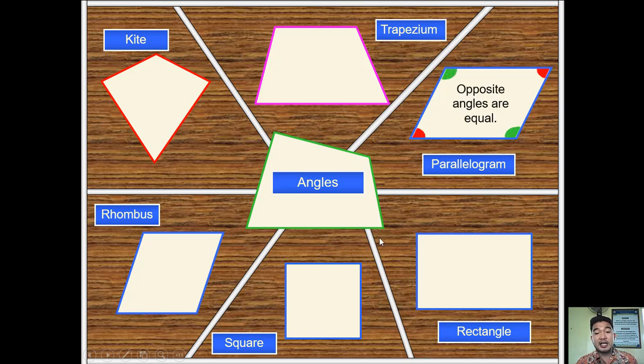If it is a parallelogram, then opposite angles are equal, meaning this angle is congruent to this angle, then this angle is also congruent to this angle. Kapag parallelogram, since we have two pairs of opposite sides which are congruent, then kasabay nun, nagkakaroon din tayo ng two opposite angles which are congruent also.